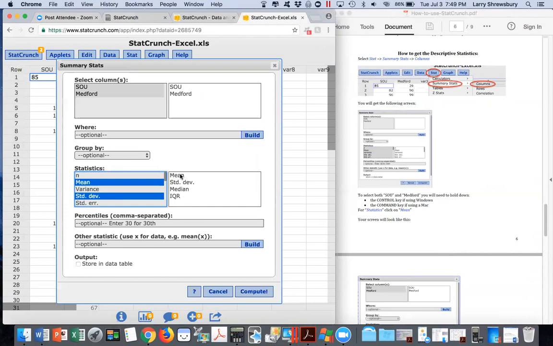Because remember, mean and median are our measures for the center, which represent the typical data value for that data set. And standard deviation and the interquartile range measure the variability in the data, telling us whether the data is all spread out or really compressed together, varies very little, or somewhere in between.